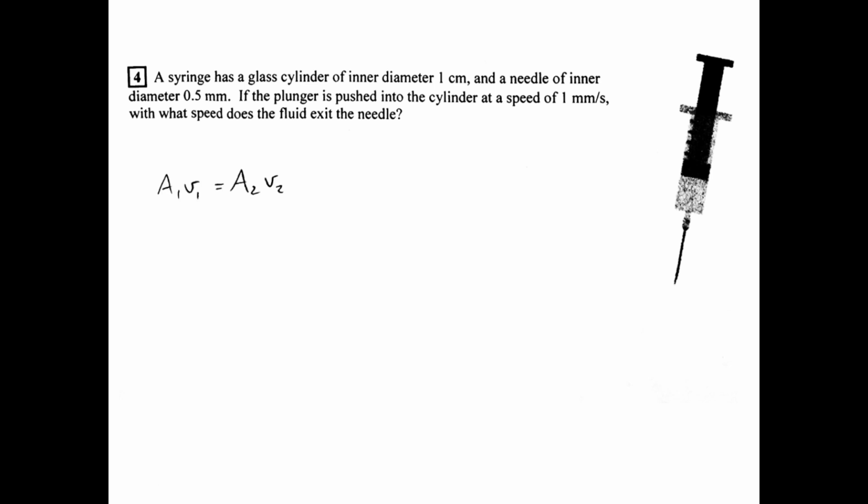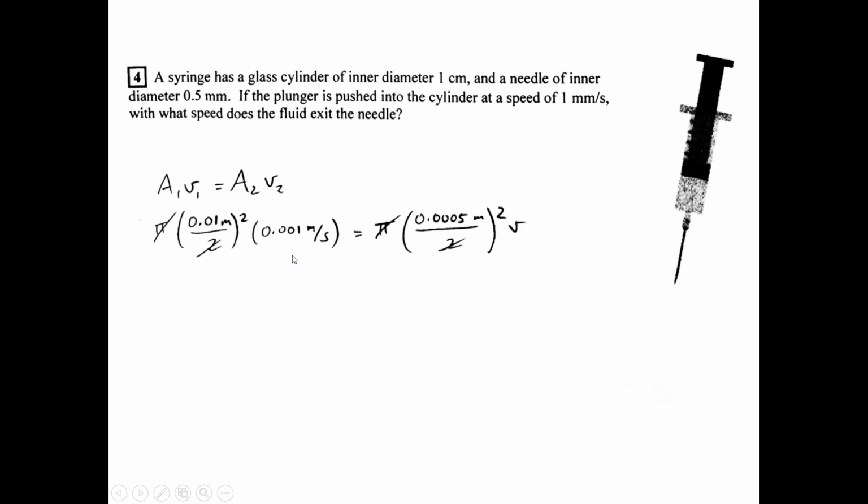All right, here's the solution. We're writing down that version of the continuity equation for an incompressible fluid. And in this case, we're just going to put in the numbers that were there. We've got to remember the numbers given for the inner diameters are diameters.